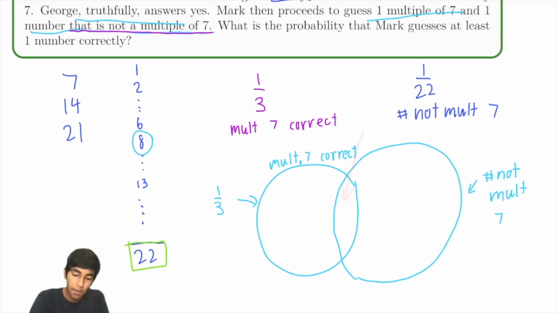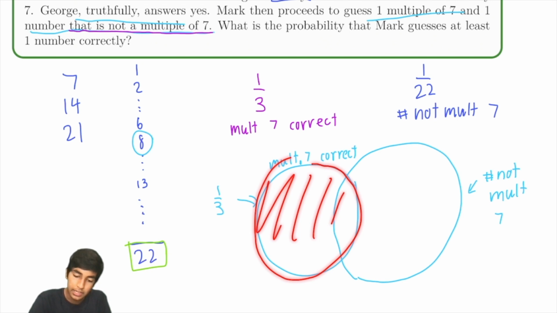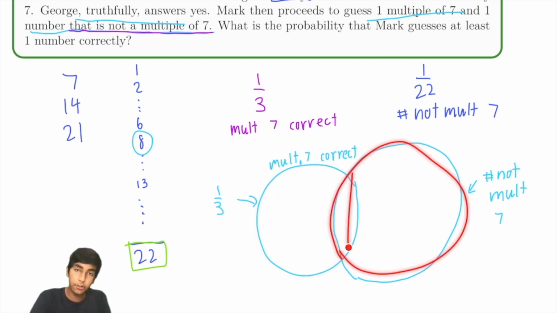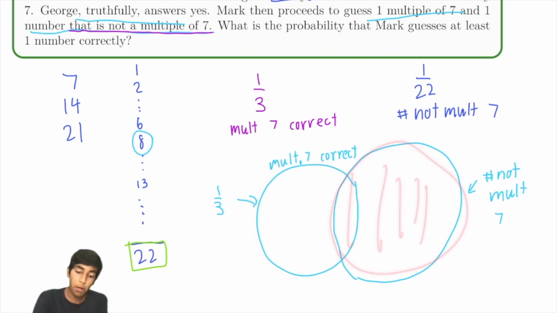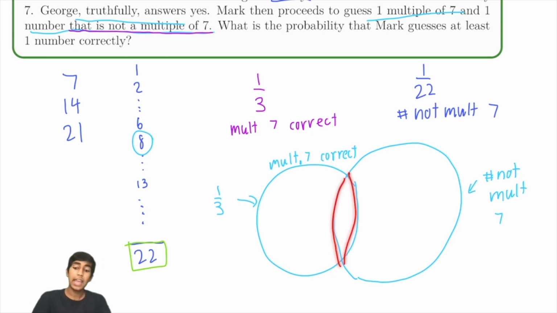So we can't simply sum this probability with this probability over here, because there's just some part in the middle where both the multiple of 7 is correct and the number not a multiple of 7 is correct that we're overcounting. So what's the probability the multiple of 7 was correctly guessed and the number not a multiple of 7 was correctly guessed?